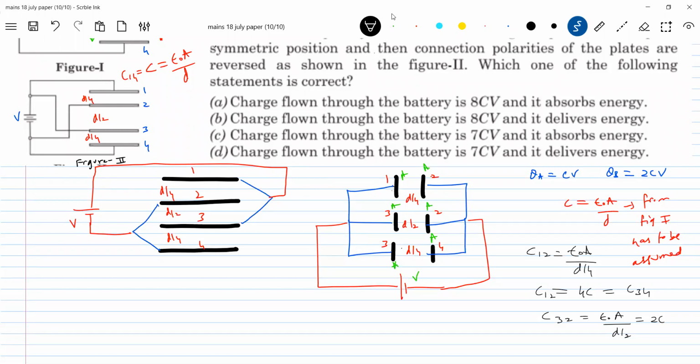So let's calculate the charge now. So Q12 is equal to 4 CV.